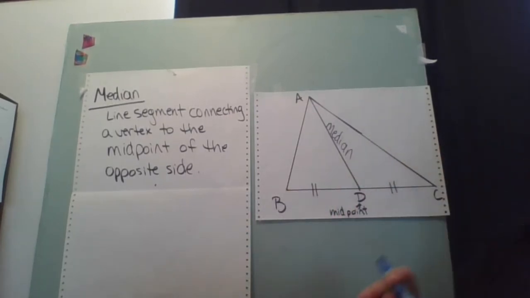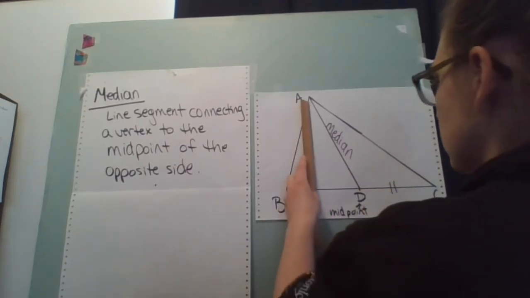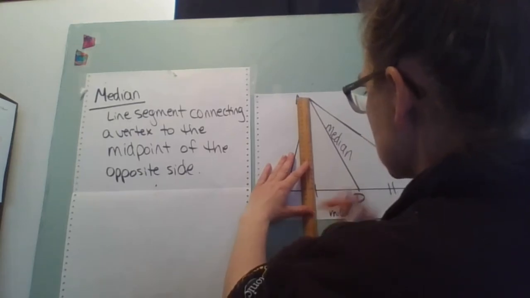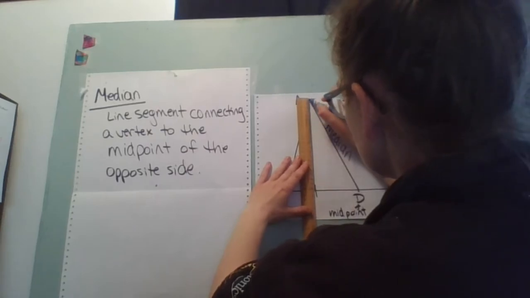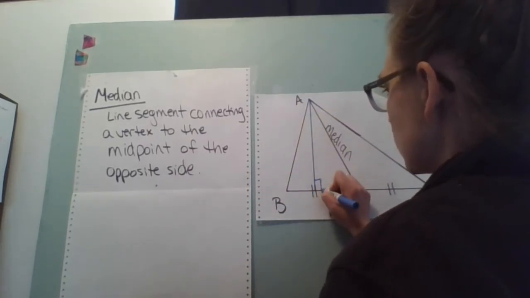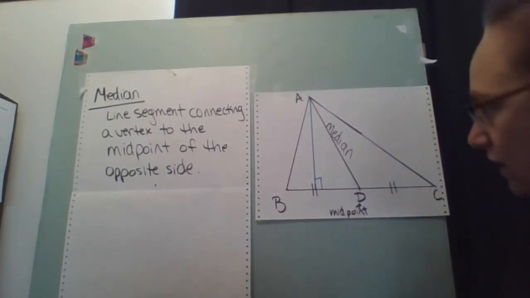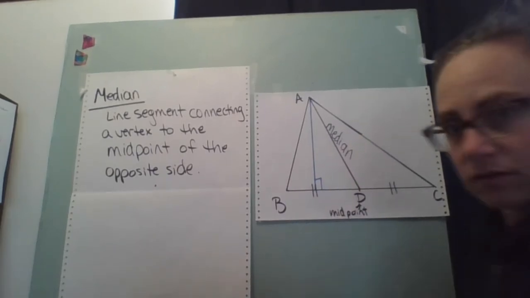So what I'm going to draw now is the line that's perpendicular to my base. Okay, so if I get this right, that looks a bit perpendicular here. Oops, it slid. So there's my perpendicular line. And the whole point of perpendicular lines, you guys would have learned this eons ago. How do you find the area of a triangle?